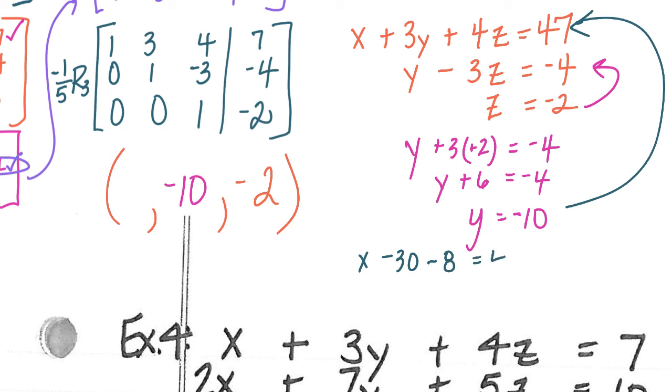I think it was just a 7. Well, I have that wrong, don't I? So this was just a 7. Sorry about that. Equals, sorry, I'm fixing it all, 7. And x minus 38 equals 7, so x has to equal 45.